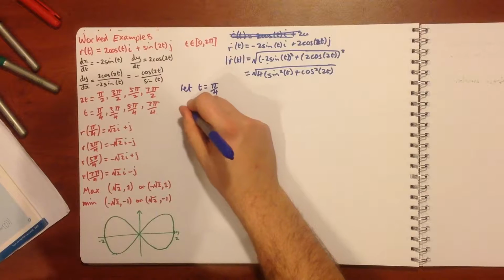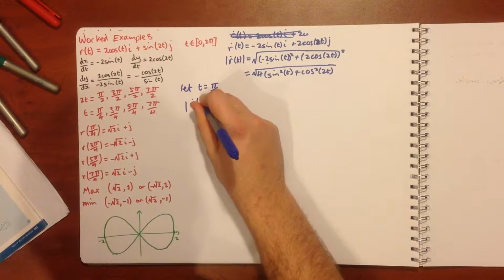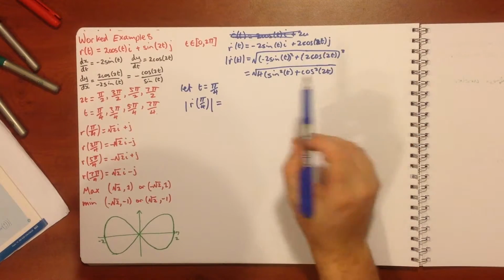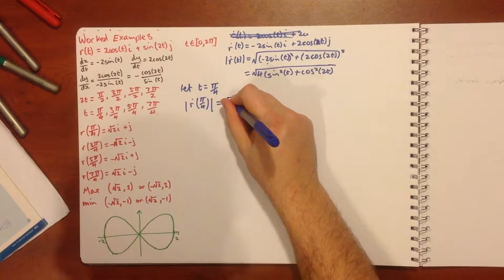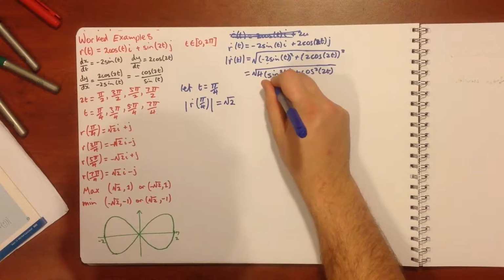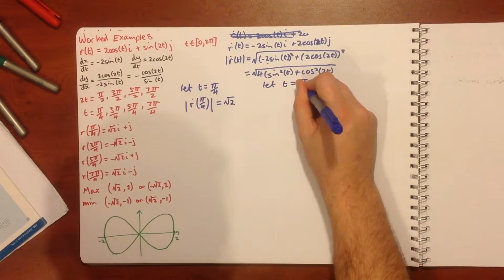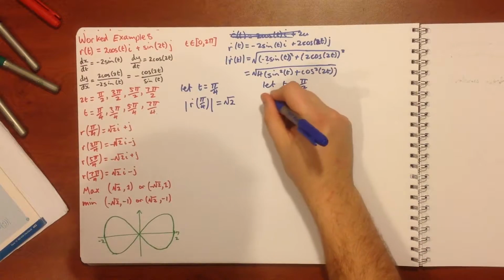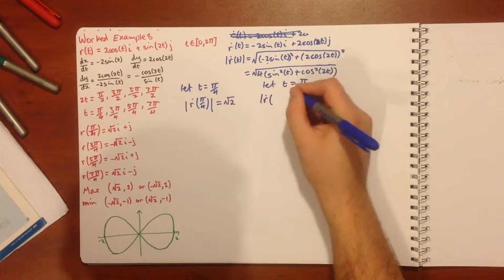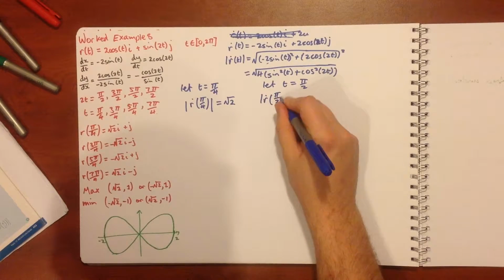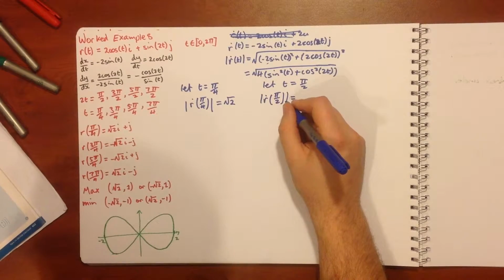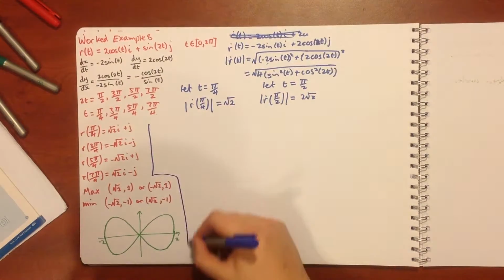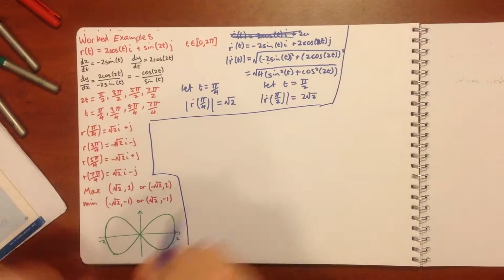When we do that, we find that the magnitude of r dot of pi on 4, we sub that in, pretty easy process, and we get root 2. When we let t equal pi on 2, again pretty easy process to sub that into our equation here, then we get that the modulus of r dot of pi on 2 is equal to 2 root 2.